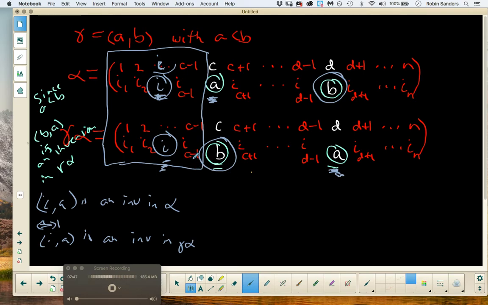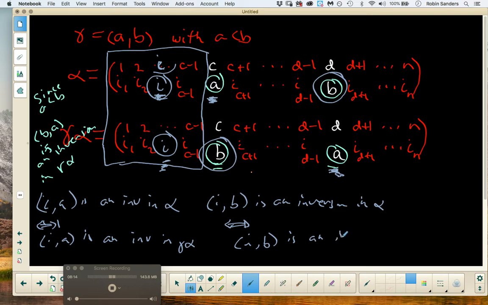So what that means is that for these purplish blue things, IB is an inversion in alpha if and only if IB is an inversion in first do alpha, then do gamma. Boy, my handwriting is getting awful. Let's see if I can make that at least a little bit more readable.